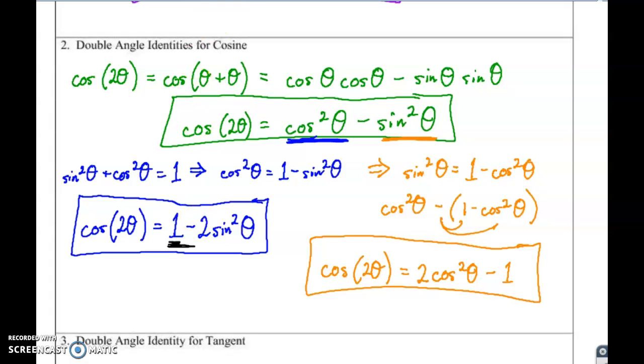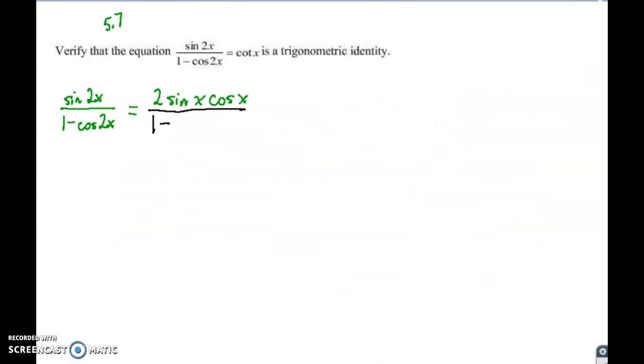Well, by using 1 minus 2 sine squared, let me change colors, I can replace cosine of 2x with that 1 minus 2 sine squared. Now you could choose the other ones. It's just going to take you longer to get there. Because as I'm looking at this and I distribute this minus in here, the 1's cancel, and the 2 sine of x cosine of x is still okay.